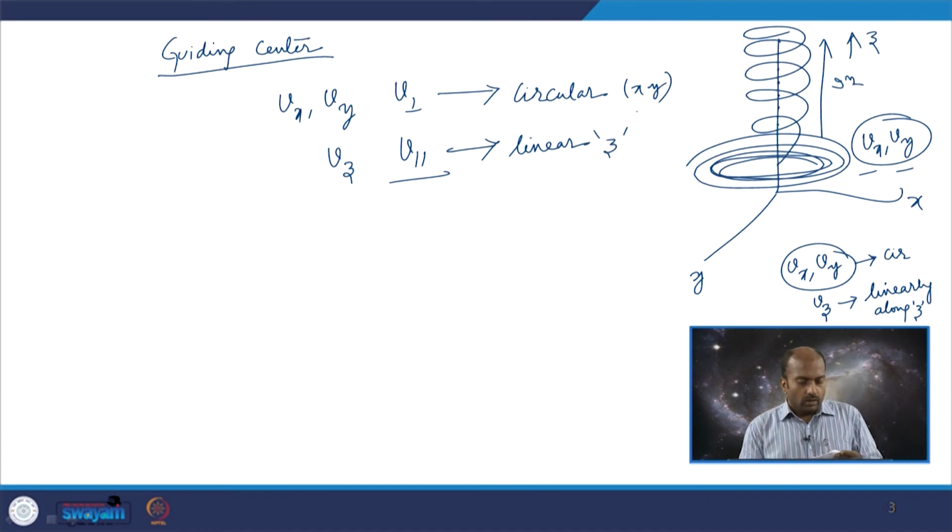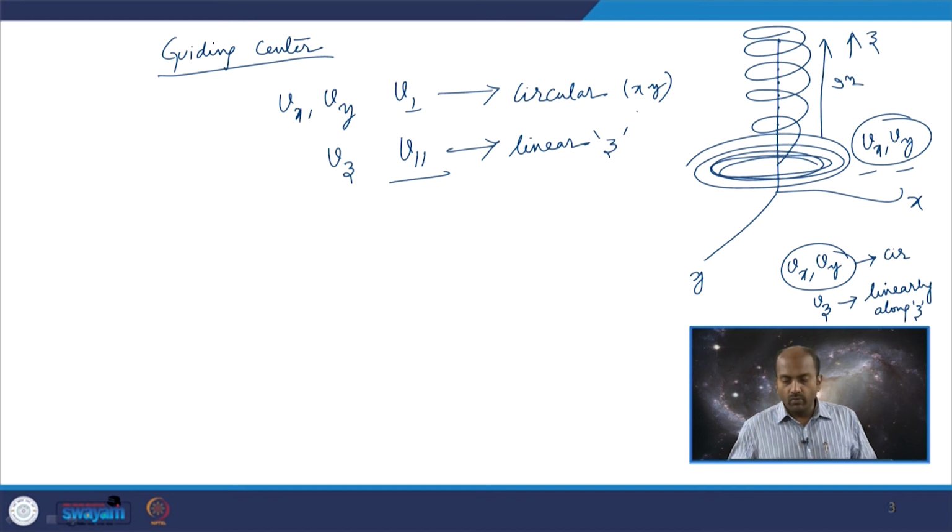Now, Vx and Vy are generally referred to as V perpendicular, as they are perpendicular to the applied magnetic field. They are the components of velocity which are influenced by the magnetic field, and they execute the circular motion with a radius of RL, which is called the radius of gyration. The third component Vz can be referred to as V parallel because it is parallel to the external field that is applied.